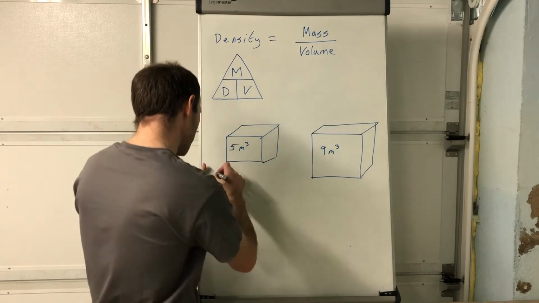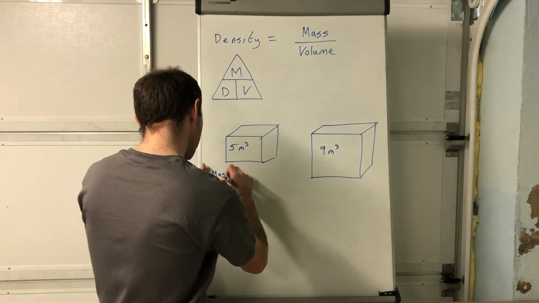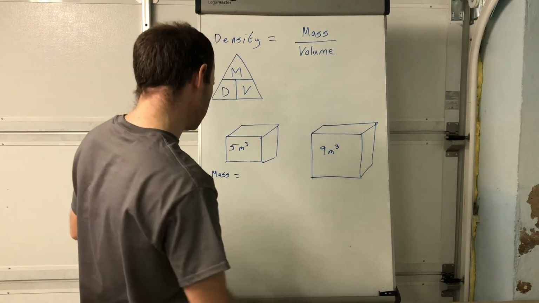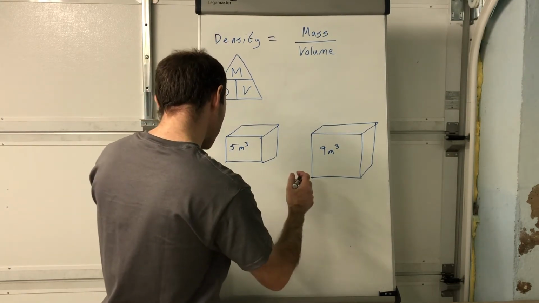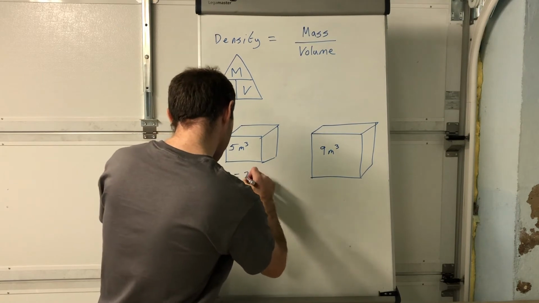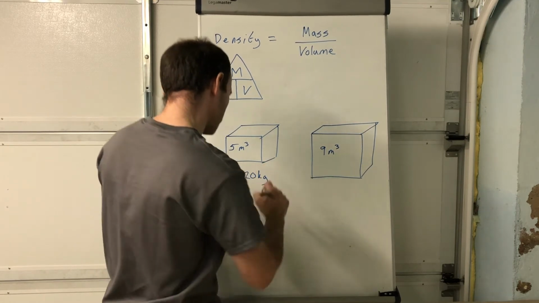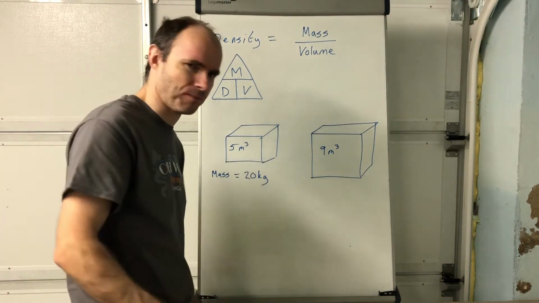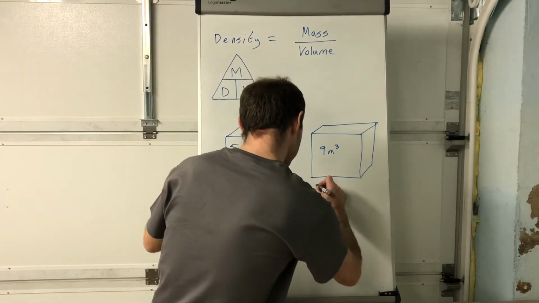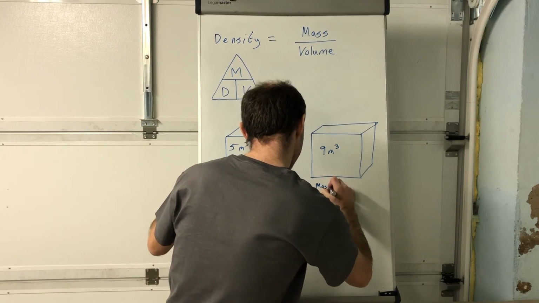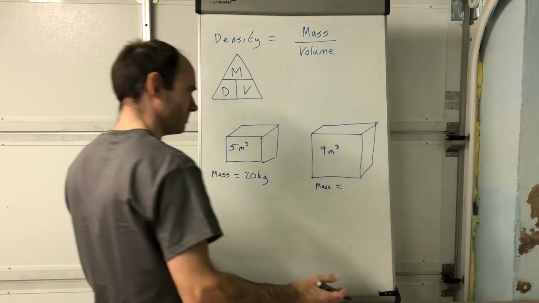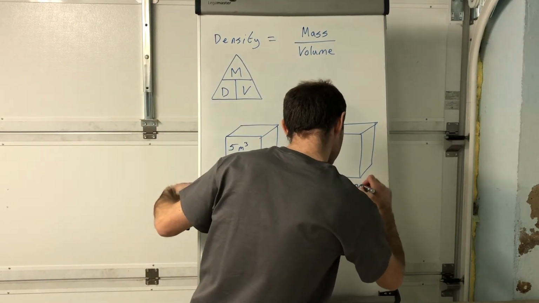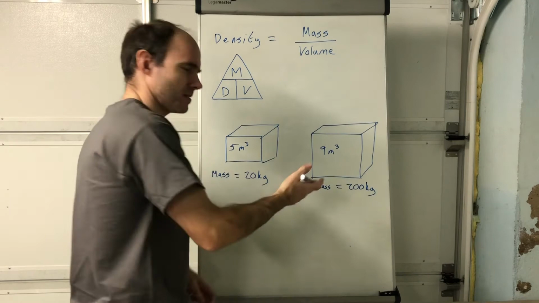I'm going to say that the mass of this object is, for example, let's just say it's 20 kilograms, which is quite light if you think about it, because 5 cubic metres is quite a lot. And then the mass of this object, let's just call it 200 kilograms, just because it's convenient.